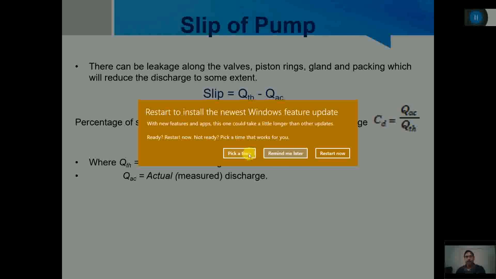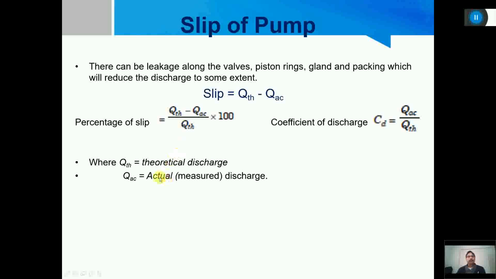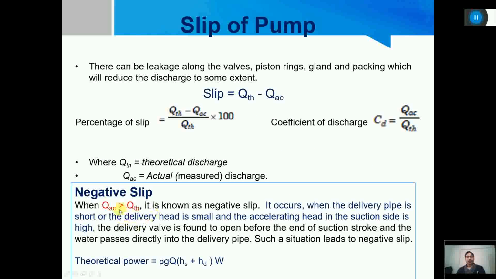But there is one more case where we can have negative slip.